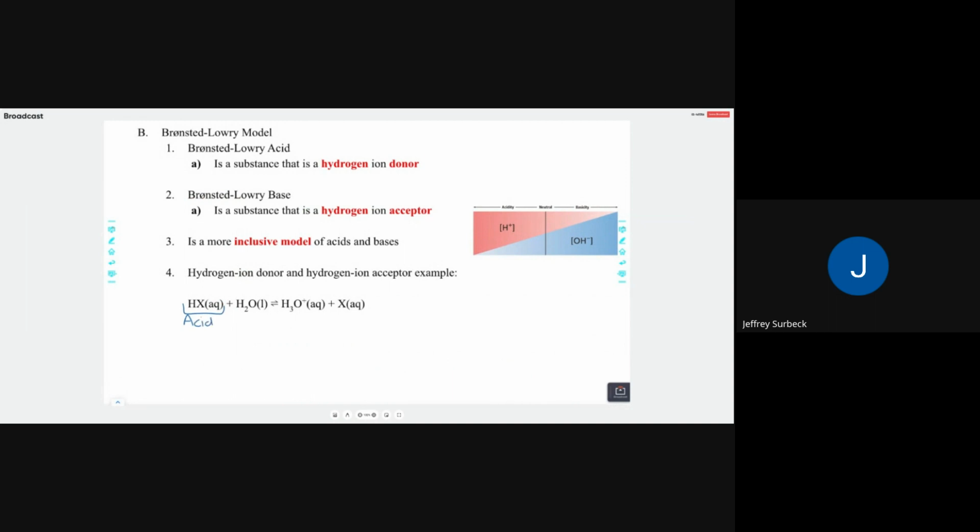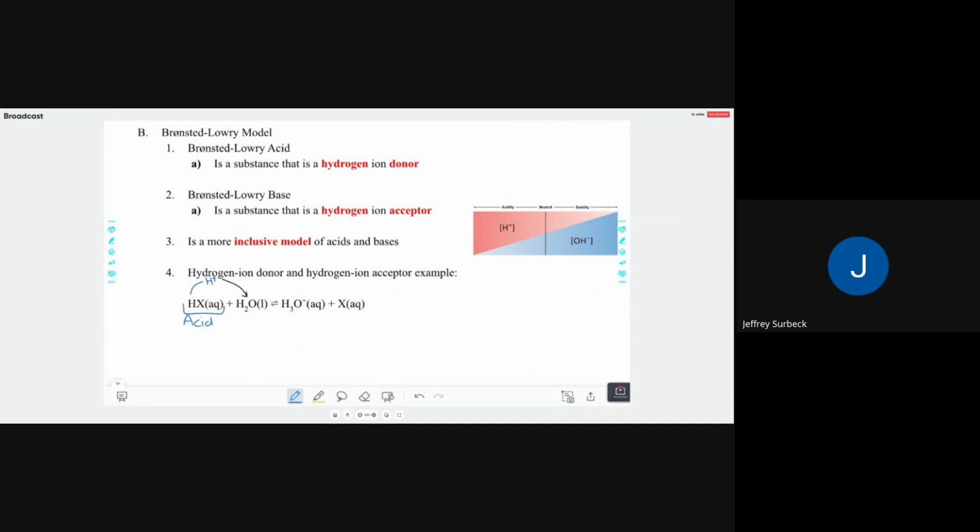Now, this H plus gets donated, just like we saw before, to our H2O. And so as a result, H2O gained that extra hydrogen.